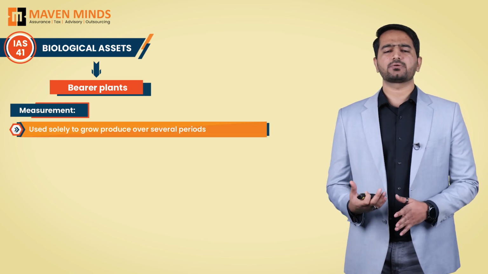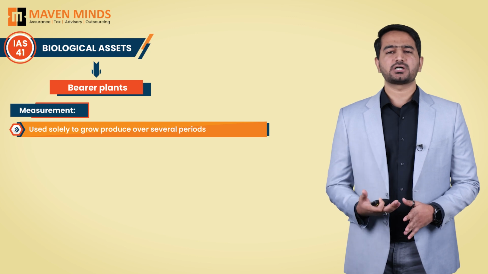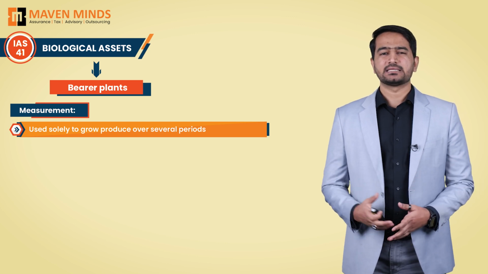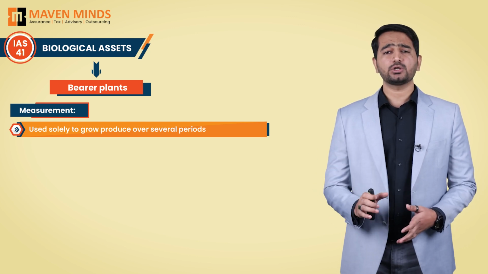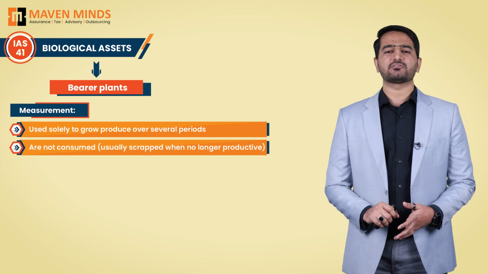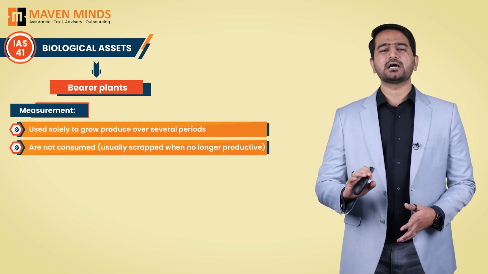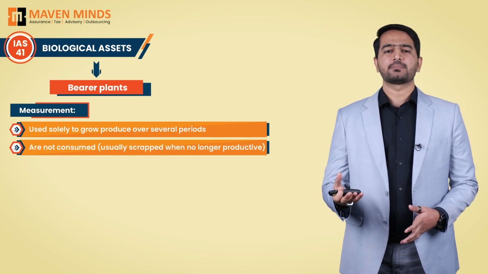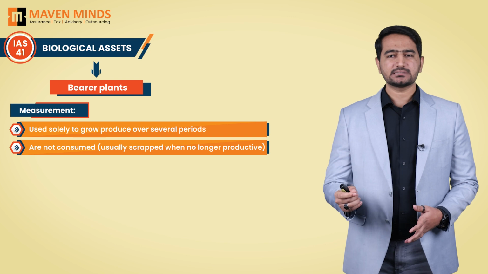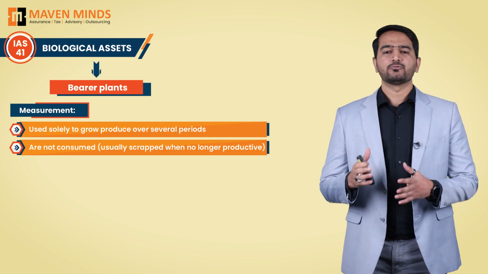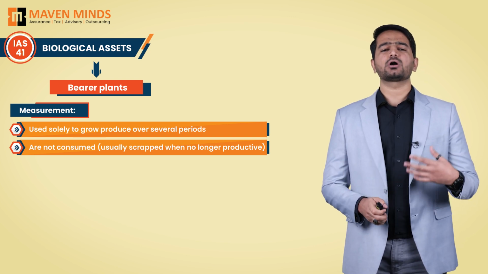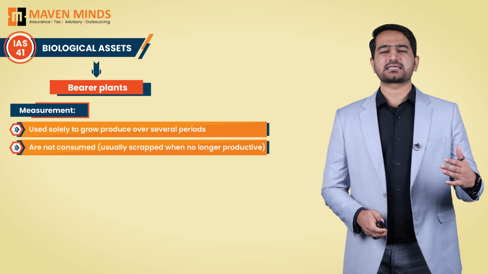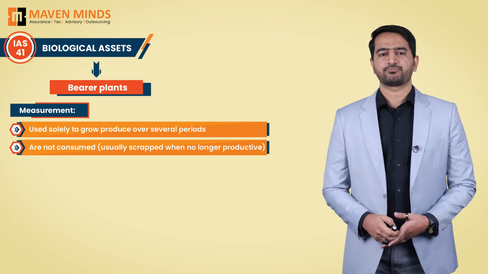Think of coconut trees, apple orchards, or grapevines. These plants are not grown to be harvested themselves. You don't cut down the apple tree to sell. You pick the apples and keep the tree. Once these plants are no longer productive, they are scrapped or replaced.